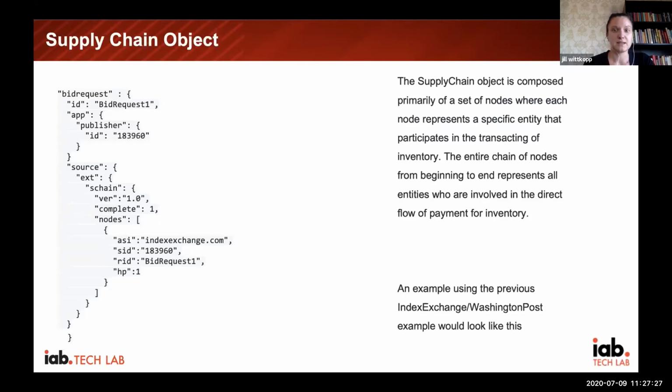So you can see by the time this gets to a buyer, to a DSP, you should have an entire chain of nodes from the beginning, seeing who the publisher is, to however many supply chain partners participated before the opportunity for that bid request to be purchased was completed.